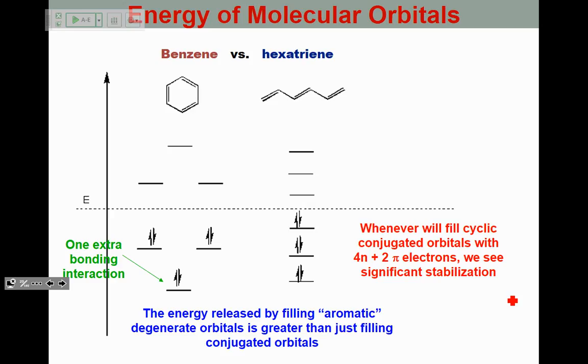So that's how we're going to figure out if we have aromatic compounds, by using that concept. And we can even draw out the orbitals to compare. And that's why our cyclic conjugated system has that special stability of aromaticity, whereas the linear system does not. And again, it has to do with the fact that being in the ring gives us these degenerate orbitals. And the linear system is not in a ring.